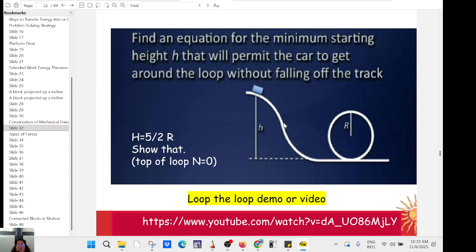You're going to have to use two equations. The first equation will be conservation of energy between here and there. Also, remember, you want to find the centripetal force, from the test. Centripetal force is toward the center. You have the weight and the normal force, and if the normal force equals 0, you start to go off tangent.